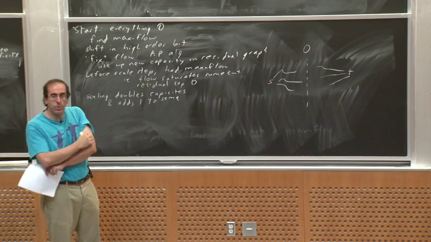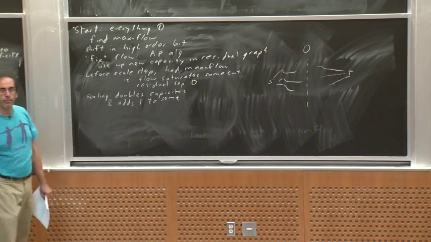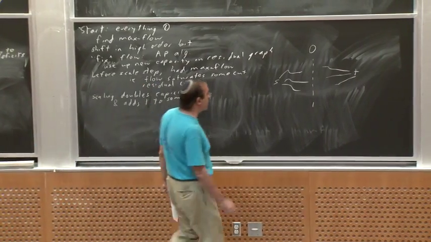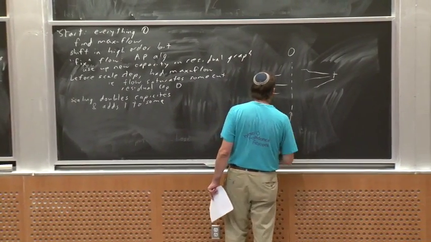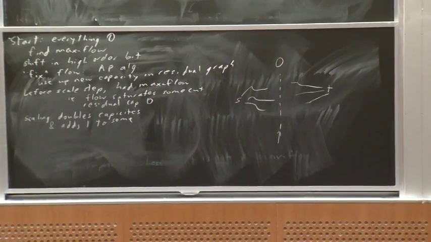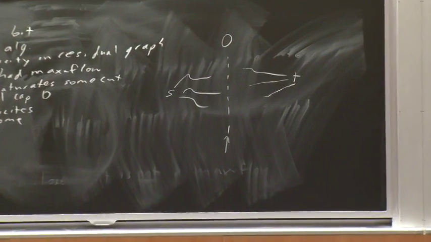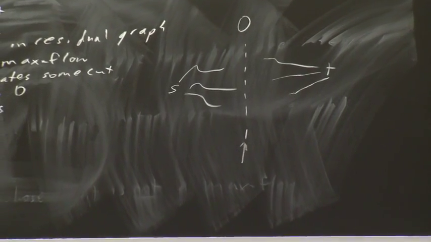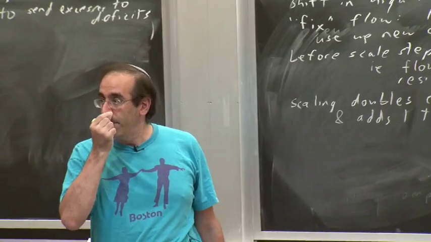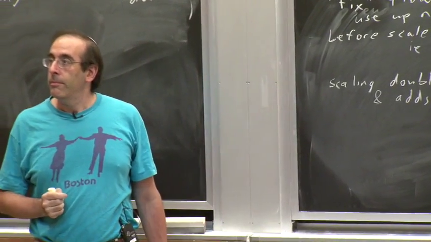What does that do to this residual graph? In particular, what does it do to this cut? What can we say is the capacity of this cut after a scaling step? Yes? It should be the previous max flow plus maybe a couple of ones.